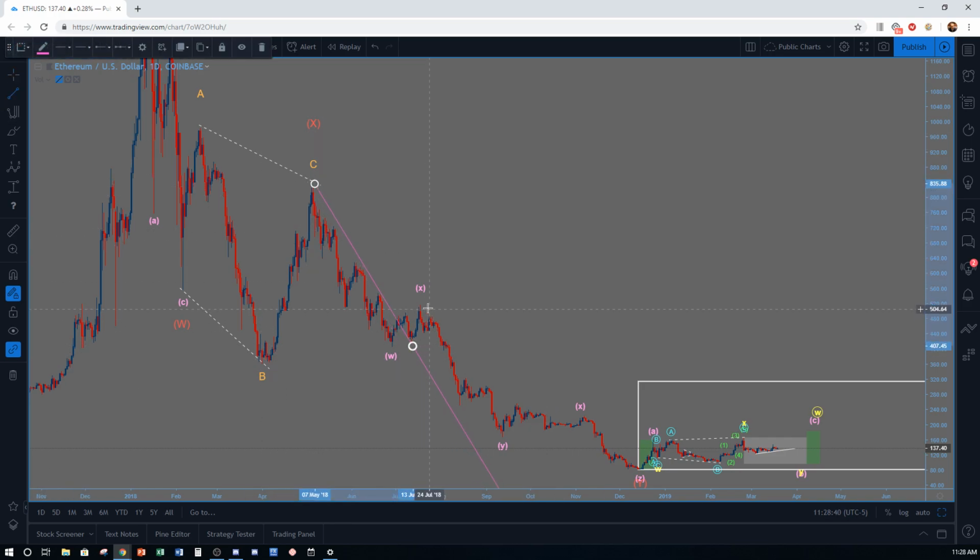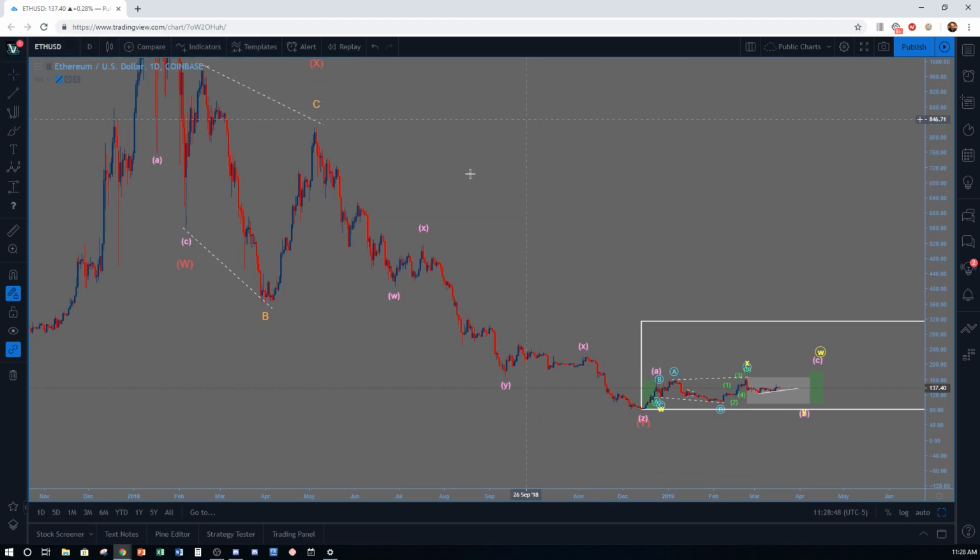Coming down here, we had a couple breaks, giving us a five-way move here. I believe this was a WXY with an ABC, ABC, X, ABC for W, and an ABC flat here, then ABC essentially.